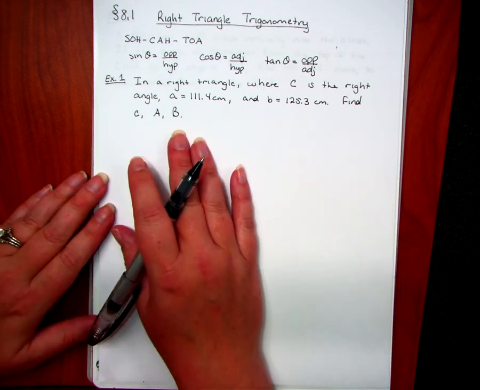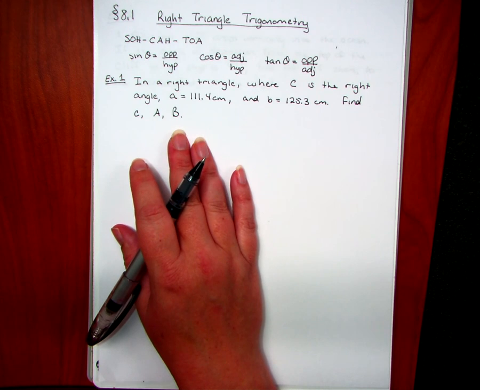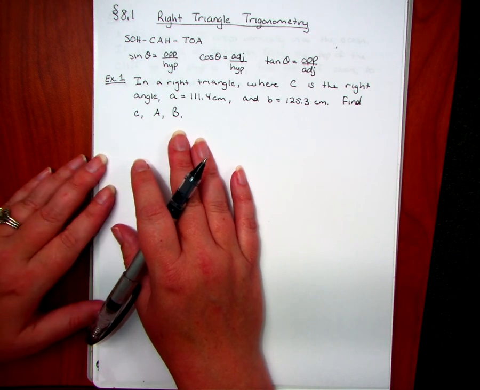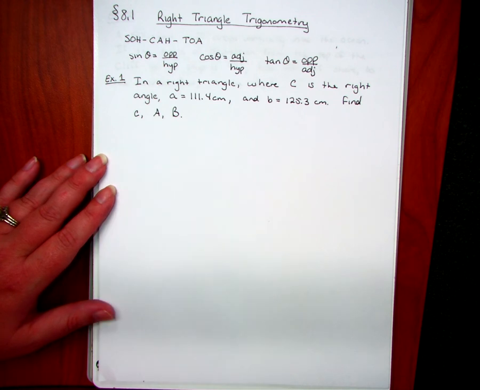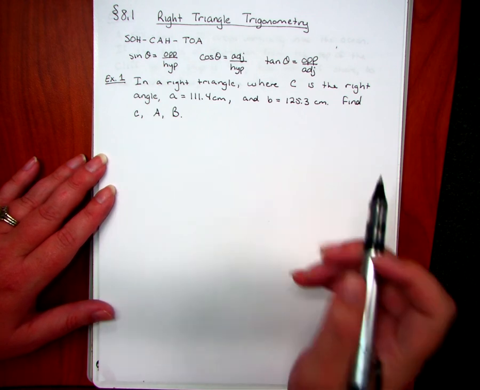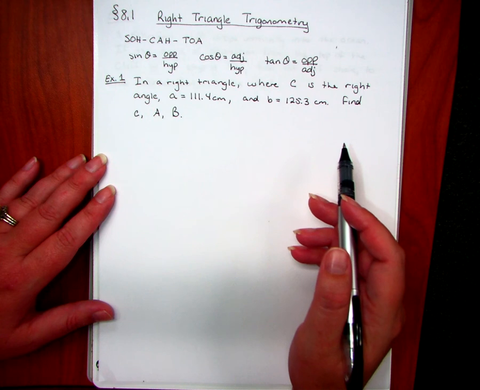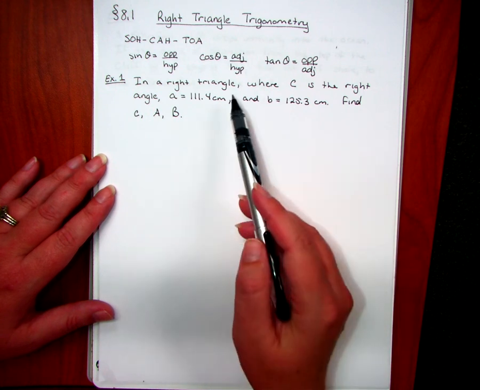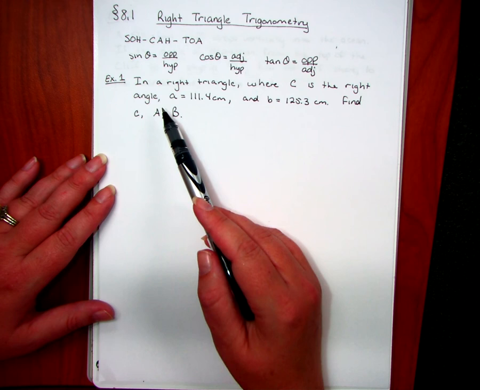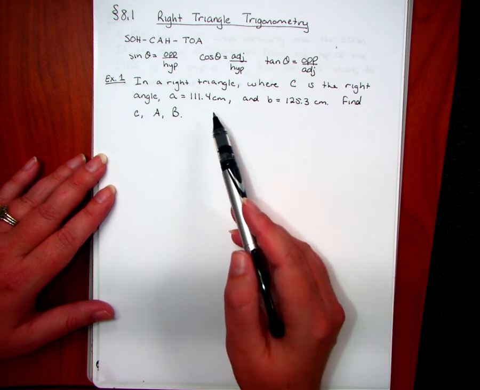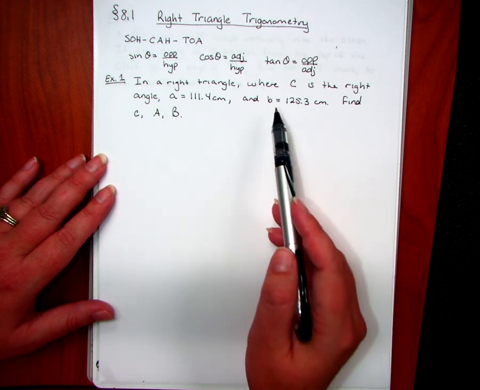Now in example 1, this is an example of solving the triangle. So when we solve a triangle, we want to find all three angles and all three sides. And it's also important how we label this right triangle. So we have a right triangle. C is the right angle. That's almost always the case. And then we have a little a and a little b.